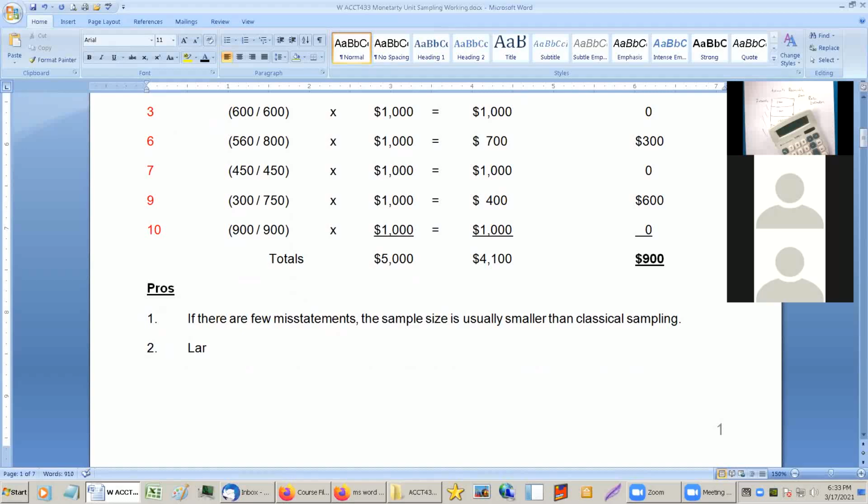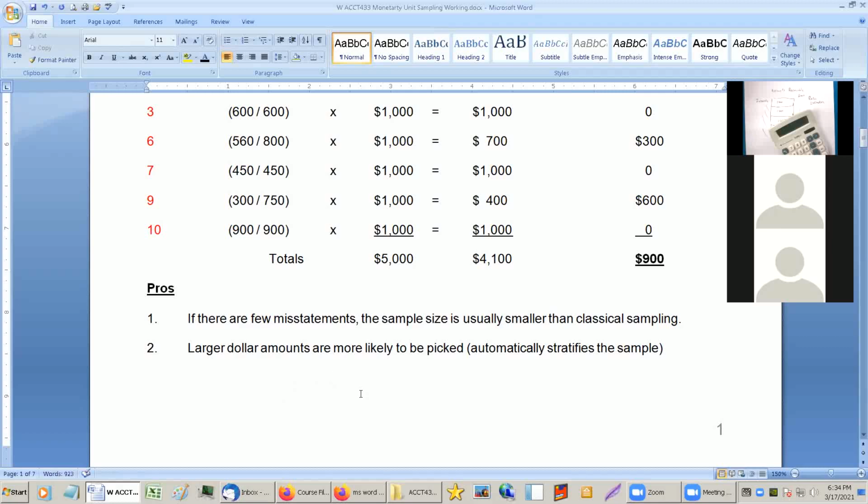So larger ones are more likely to be picked. It automatically stratifies it. You remember we talked about stratification, where you want to pick the larger ones.